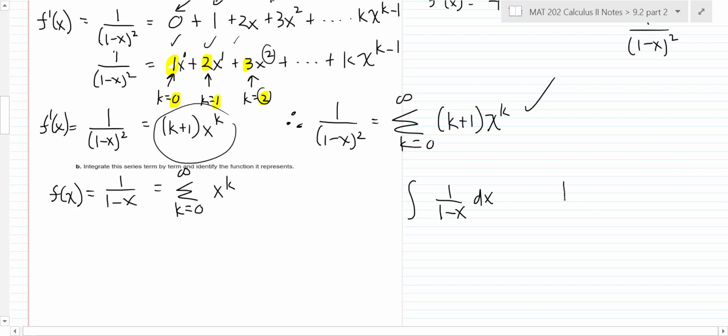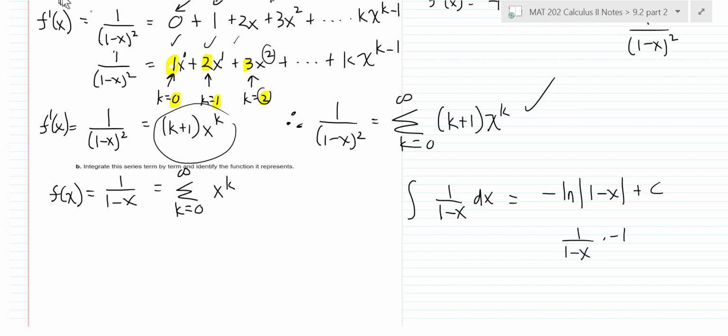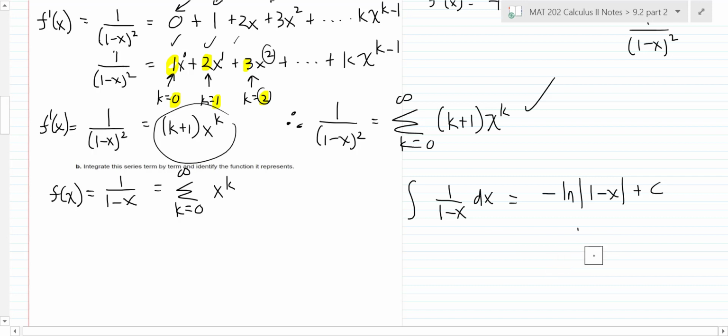It looks like you would have ln of 1 minus x, but not quite, because if you took the derivative of ln of 1 minus x, you would have 1 over 1 minus x times negative 1. So the value of this integral is actually negative ln of 1 minus x plus c. You could do that with u substitution, but you don't really have to. You can just reason out that you have that extra negative. Okay, is that clear?